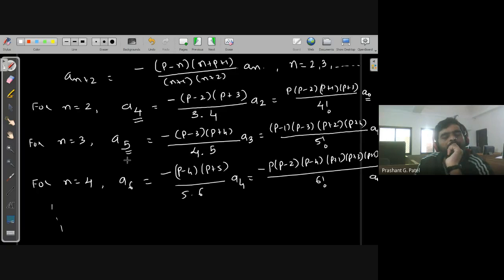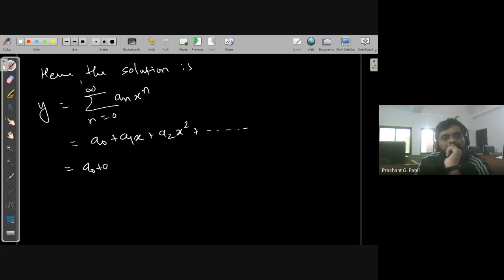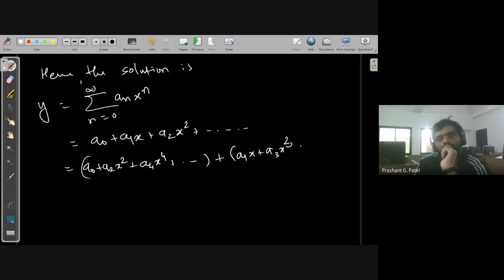When we have an odd index, the coefficient is a1. So we can separate it as a0 plus a2 x square plus a4 x raised to 4 up to so on, plus a1 x plus a3 x cube, a5 x raised to 5 up to so on. And we'll substitute these values of a2, a3, a4 here. Then a0 will be common from each of them.